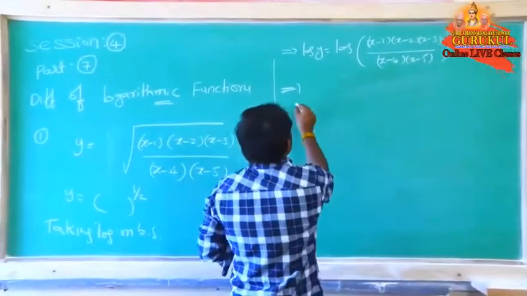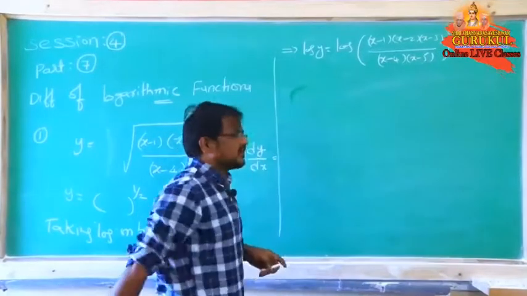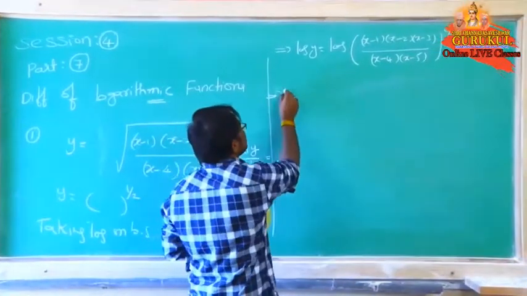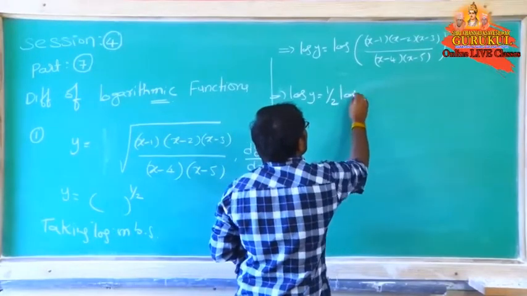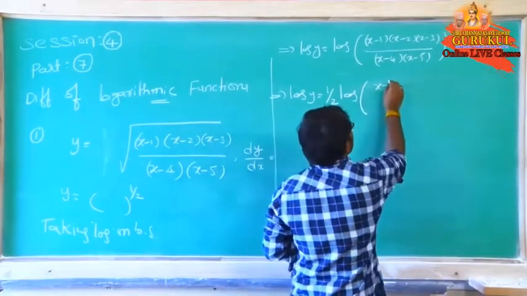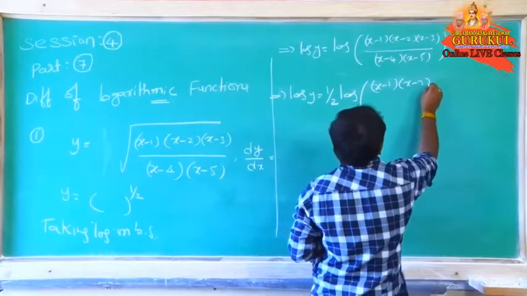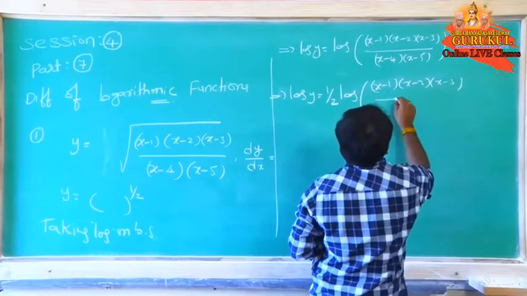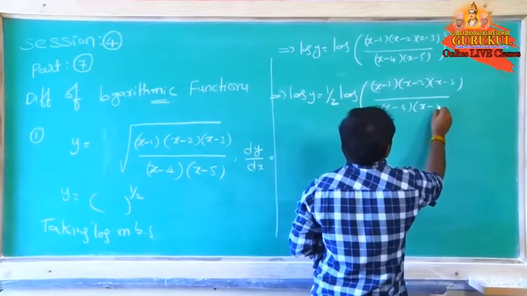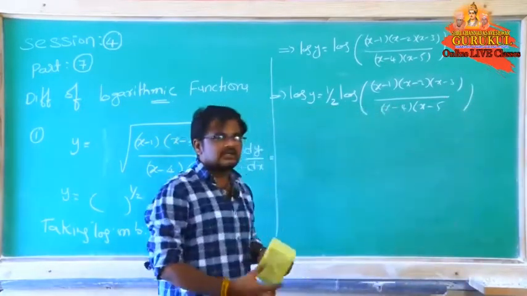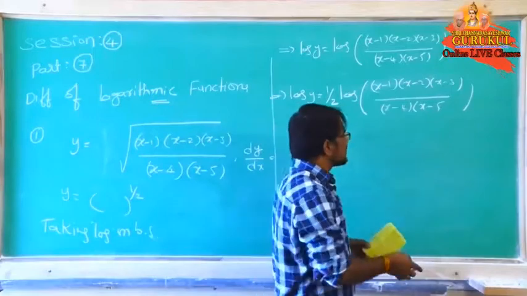Now from the properties of logarithm, how to write it? Log y equal to 1 by 2 log of x minus 1, x minus 2, x minus 3 whole divided by x minus 4 into x minus 5, right? So here which formula we applied?